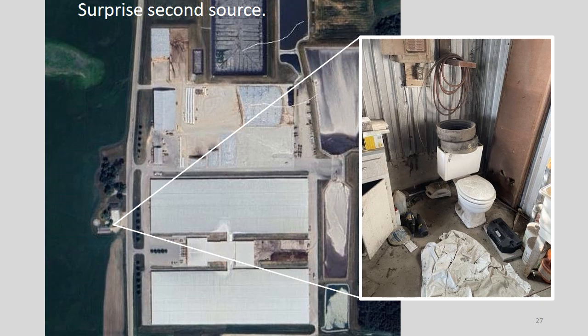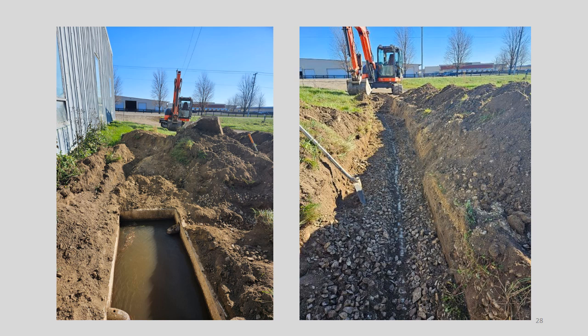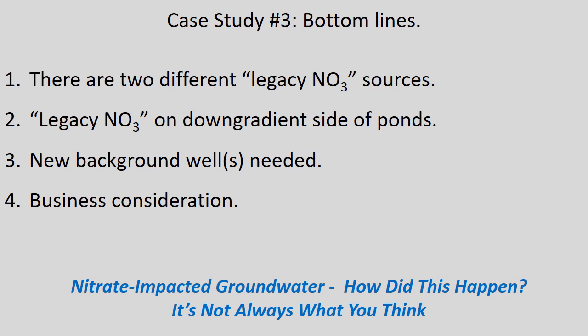A little further digging, literally and figuratively, and we found that there was wastewater from the toilet on the south side of the building, and there was a tile drain that ran to the front. So we found that there were two different types of legacy nitrate at this site.